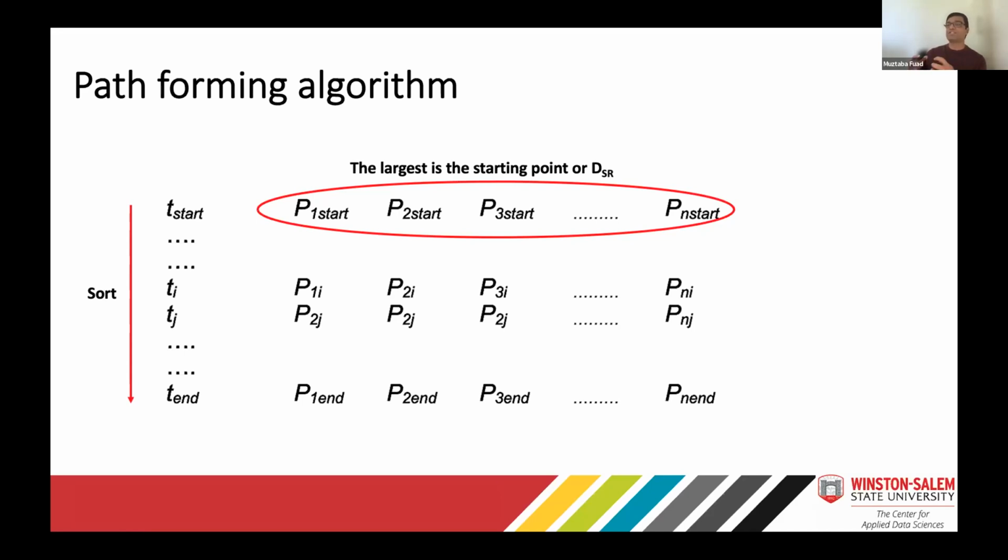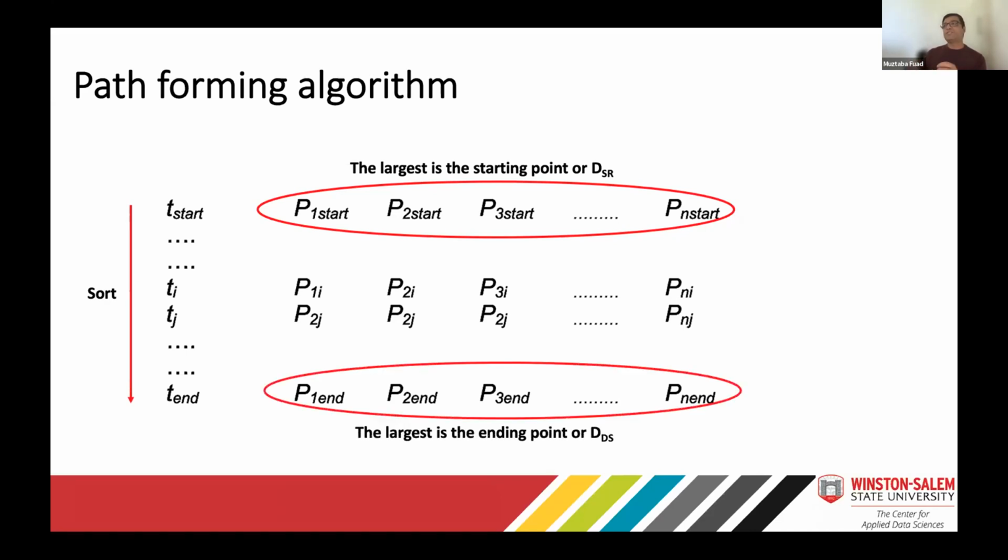The reason is obvious: the bigger the number, the closer the device is. Similarly, the device which has the largest signal strength at the end is the destination. Once we figure out the source and the destination, between every row we check the value.